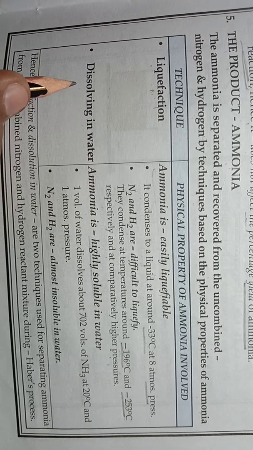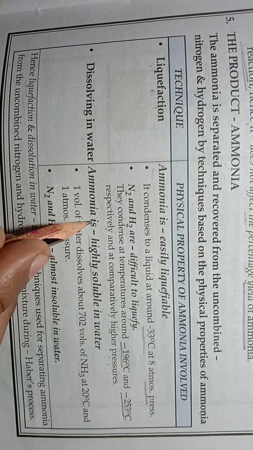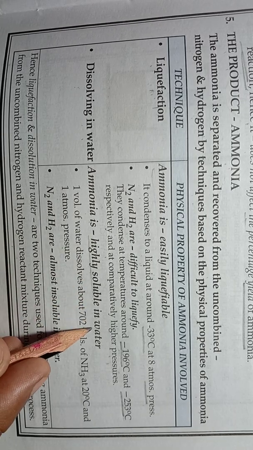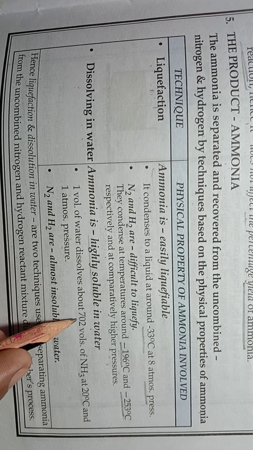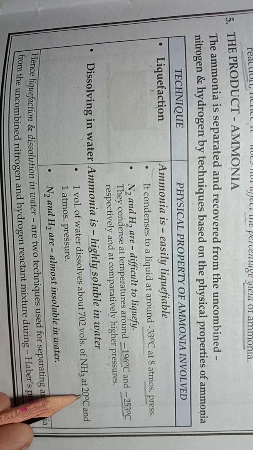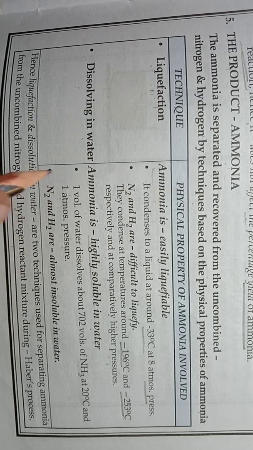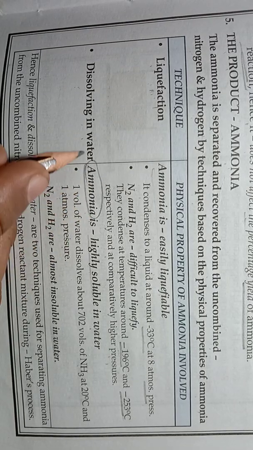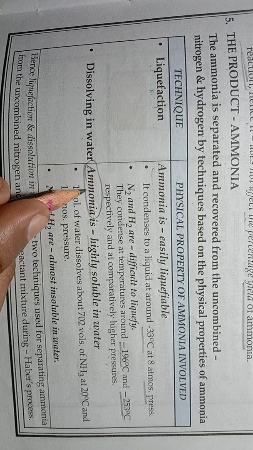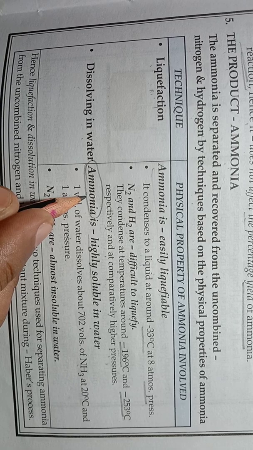Then the second technique we can use is dissolving in water. Ammonia is highly soluble in water. 1 volume of water dissolves about 702 volumes of ammonia at 20 degrees Celsius and 1 atmosphere pressure. You all know that ammonia is a basic gas and it is highly soluble in water, so its aqueous solution will be alkaline in nature.